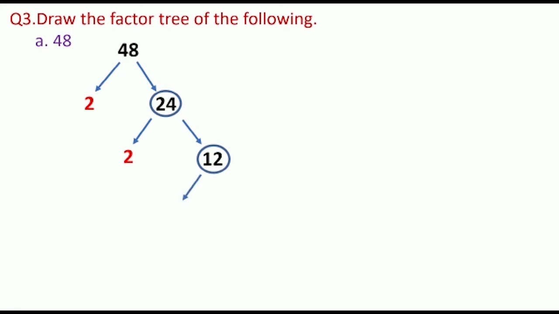This 12 can be divided by 2 again. So write here 2. Then again here what will come? 6. When we divide this 12 by 2, you will get 6. Write here 6. Then again this 6 can be divided by 2. So write here 2.